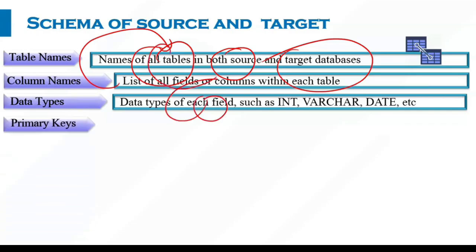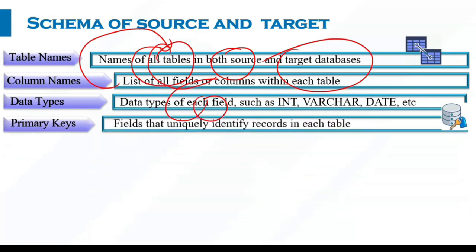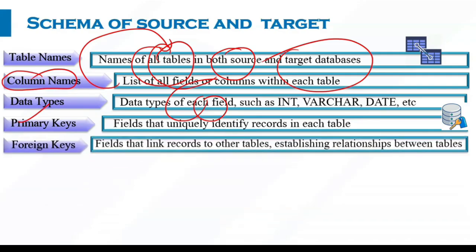That would be there. And we have the primary key, so that there is no confusion. Amongst the fields, which one should be the primary key would be indicated. And which would be the foreign key, if there is any relation between the two tables. Which key should act as a foreign key also will be indicated.